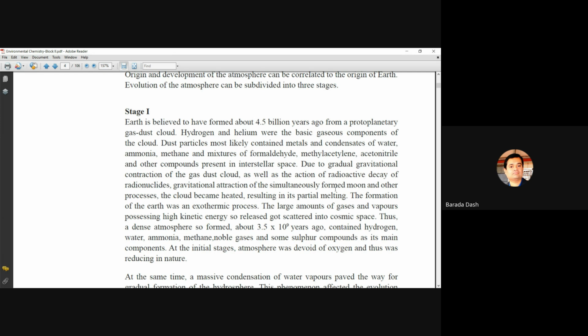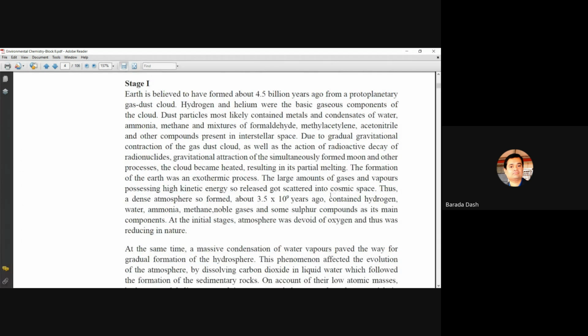Dust particles most likely contained metal and condensates of water, ammonia, methane, a mixture of formaldehyde, and methyl acetylene. So many organic components, metallic components and water vapors were there, and out of that our Earth was produced.